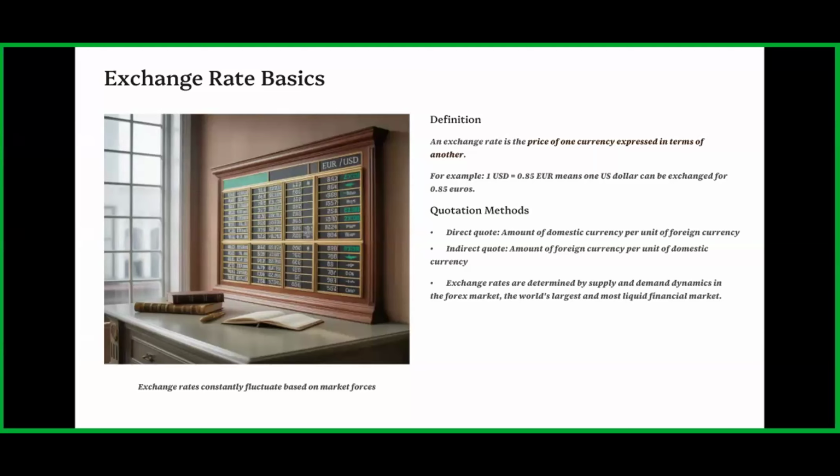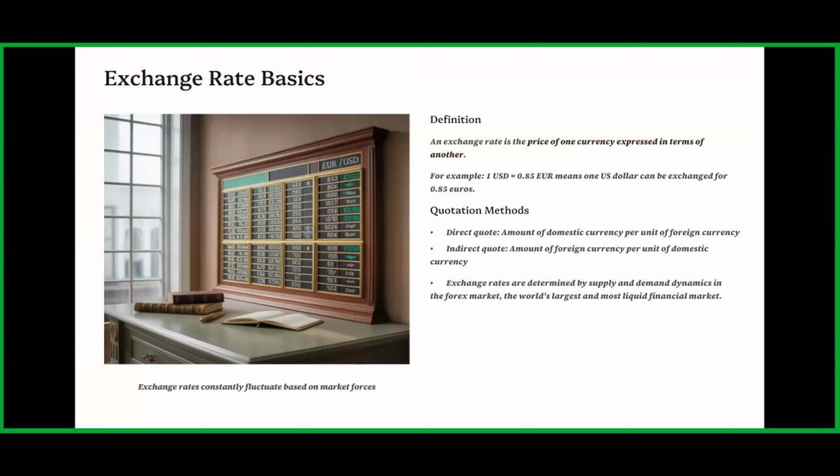There are two types of methods of the exchange rate: the direct quotation method and the indirect quotation method. The amount of domestic currency per unit of foreign currency is the direct method.